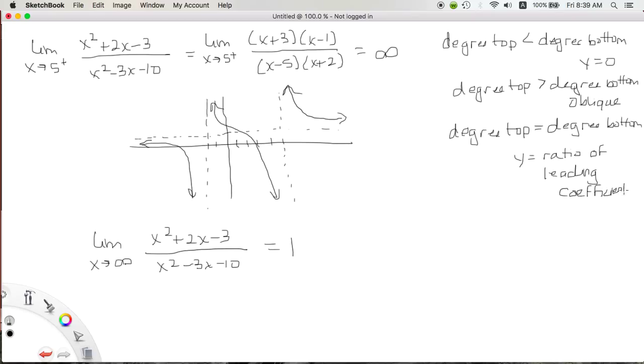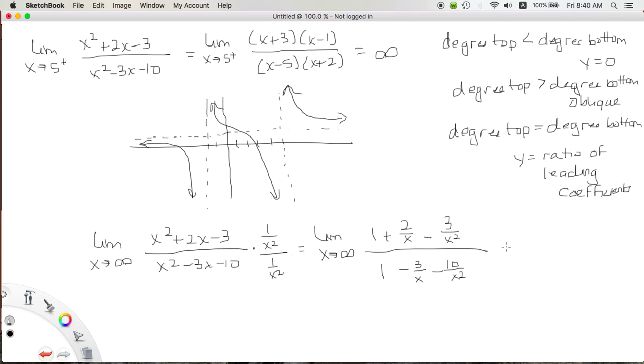Hopefully you remember that from rational functions. The other thing you can do is use the method we used with sequences when we were finding the limit of the sequence, where we multiplied by 1 in disguise to get rid of the x's on the top. So we end up with the limit as x goes to infinity of 1 plus 2 over x minus 3 over x squared, all over 1 minus 3 over x minus 10 over x squared.